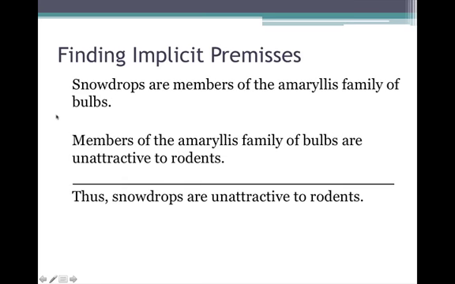So let's go ahead and put that in. So now we've got a fully fleshed out argument with our first premise, snowdrops are members of the amaryllis family of bulbs. A second premise, members of the amaryllis family of bulbs are unattractive to rodents. From these two pieces of information, we can see that snowdrops are going to be unattractive to rodents.